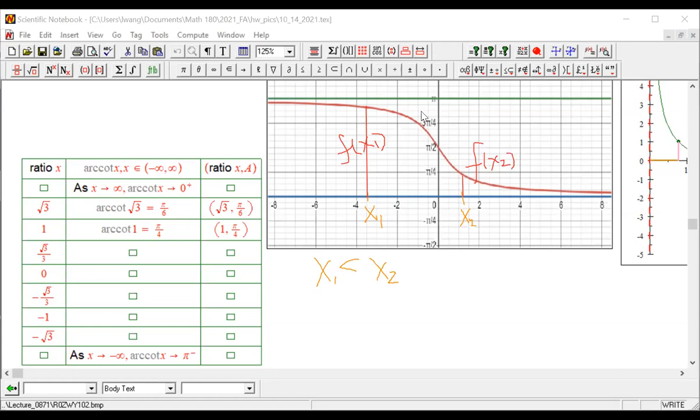Okay? And the points: this point here is x1, comma, f of x1. And this point here, the input is x2, f of x2.